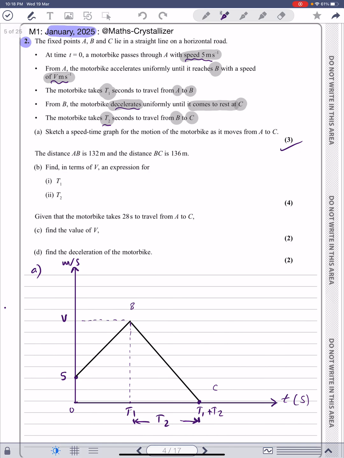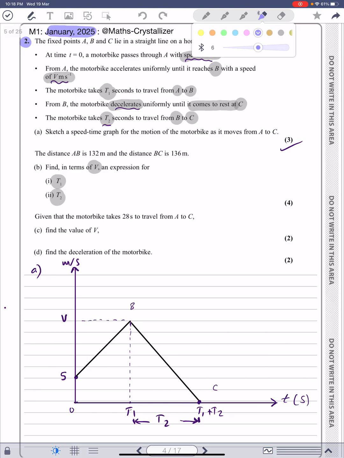For part B, the distance AB is 132 meters and the distance BC is 136 meters. Find in terms of V an expression for each of T1 and T2. So when you say the distance, I will sketch it for you, then I'll do it on the next page.